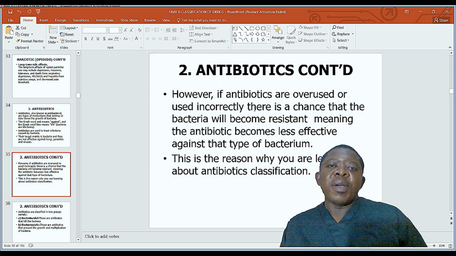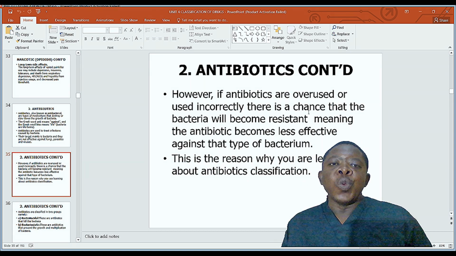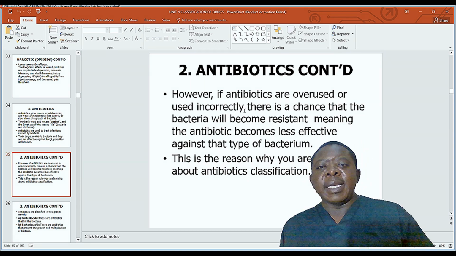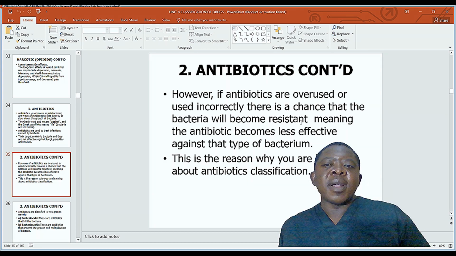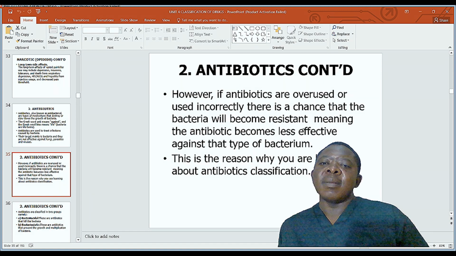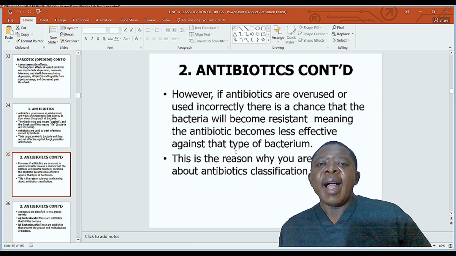However, if antibiotics are overused or used incorrectly, there is a chance that the bacteria will become resistant, meaning the antibiotic becomes less effective against that type of bacterium.